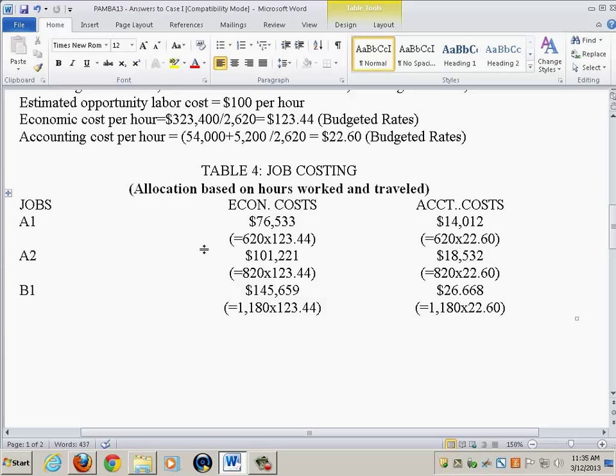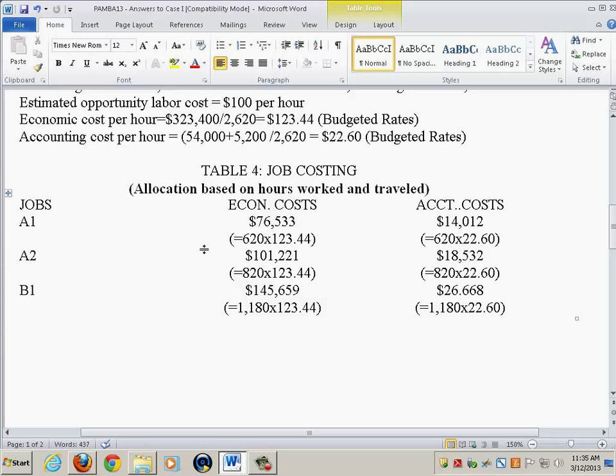So the travel costs you allocated based only on hours traveled. Depreciation. You mean the depreciation part of the car? Yeah. And the maintenance will also be allocated based on the travel time. So we allocate based on different ways.